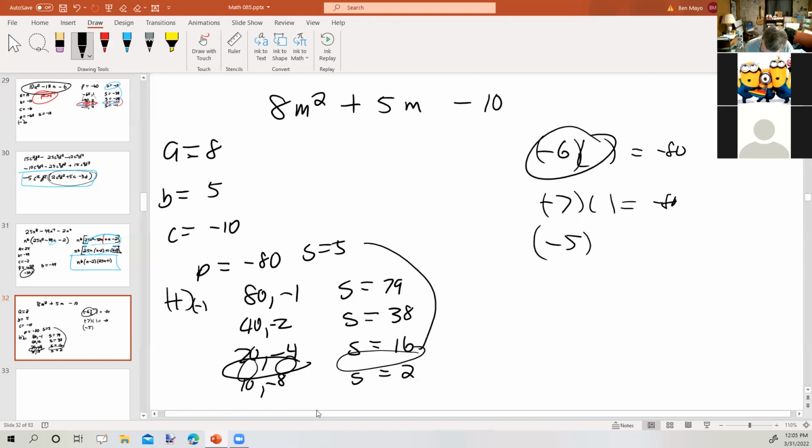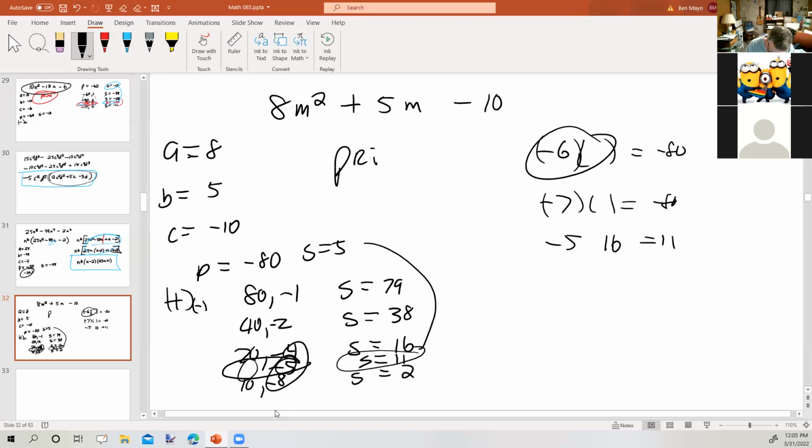It'd be what, 16? What's the sum of negative 5 and 16? It's 11. So the only possibility in between, if there were three numbers, but only one of them would even give me a product, and that one doesn't work.